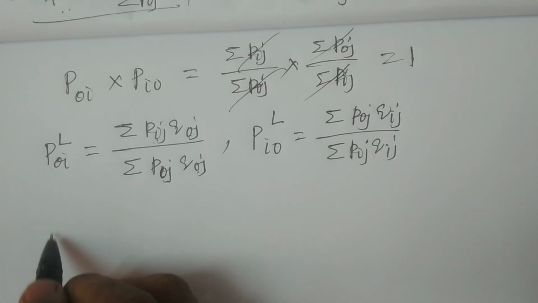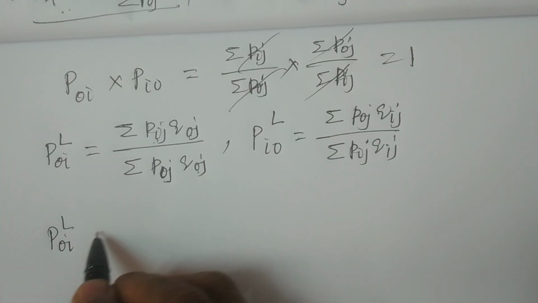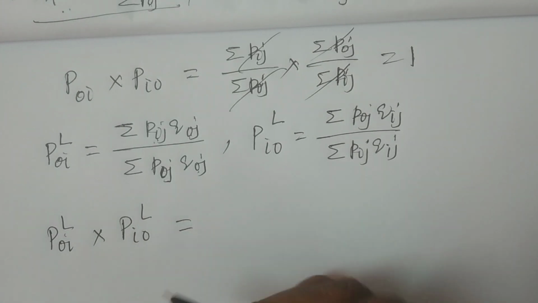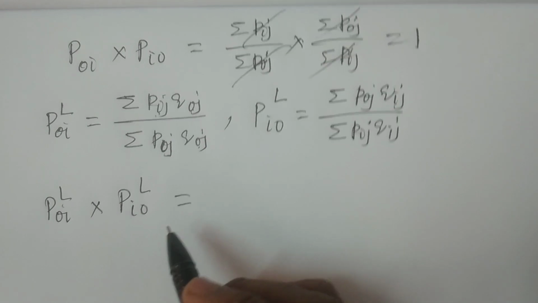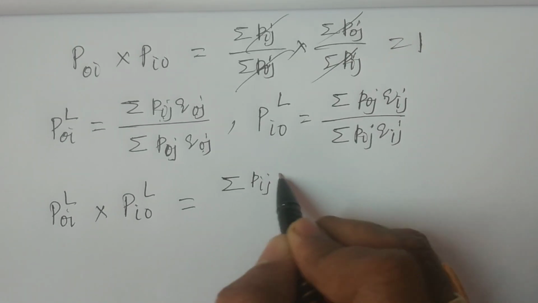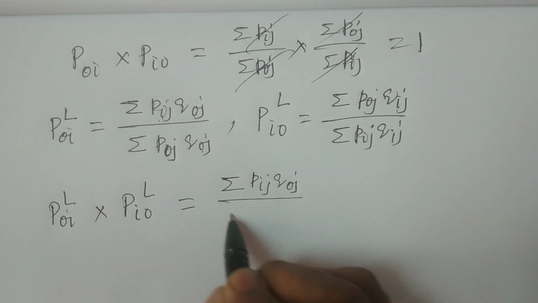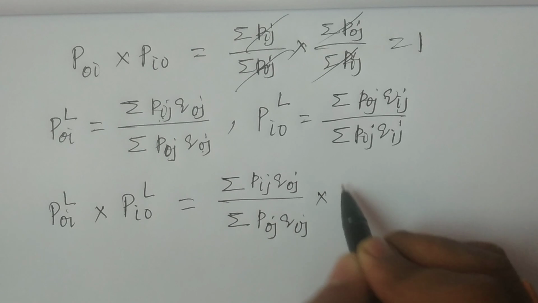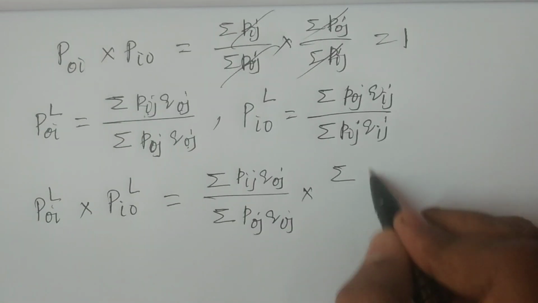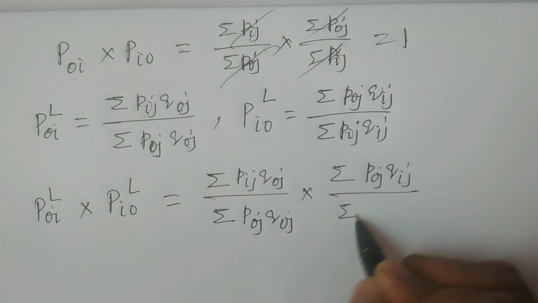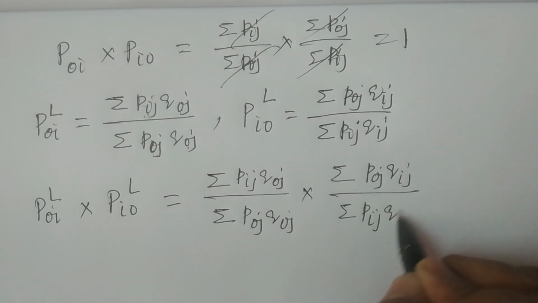You multiply these two, P0I last year into Pi0 last year is equivalent to summation Pij Q0j divided by summation P0j Q0j multiplied by summation P0j Qij divided by summation Pij Qij.